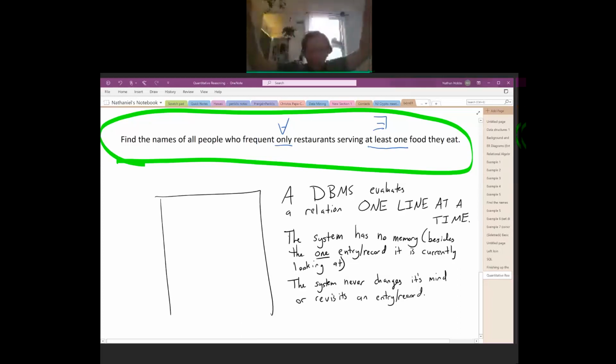It doesn't remember anything about the line just above it. It cannot change its mind and go back or revisit something again. It goes line by line, top to bottom, one time, and that's it.